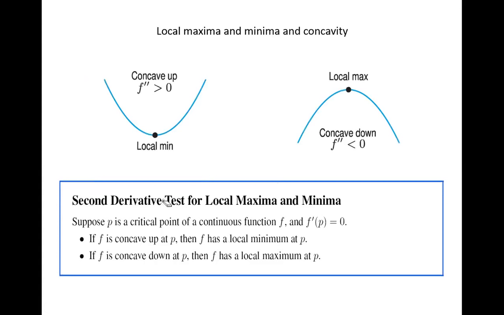That means for the second derivative, we're using the second derivative test, especially if it's easy to compute the second derivative. What we can do, having a critical point P, that means having all of the solutions of this equation, we can try to compute the second derivative and compute the value at P. If we get a negative number, then concave down, it's bended as a local maximum. That means this will be a local maximum.